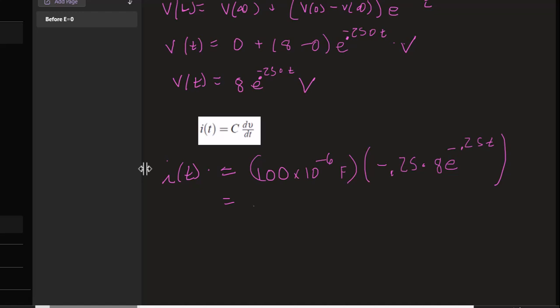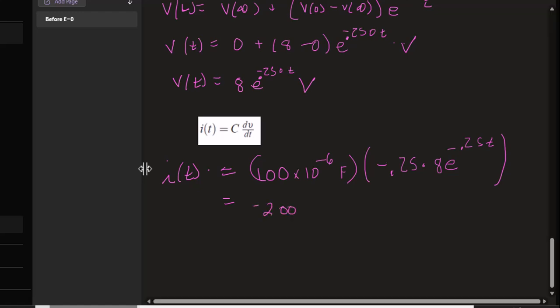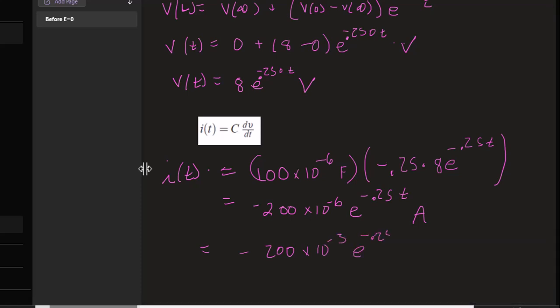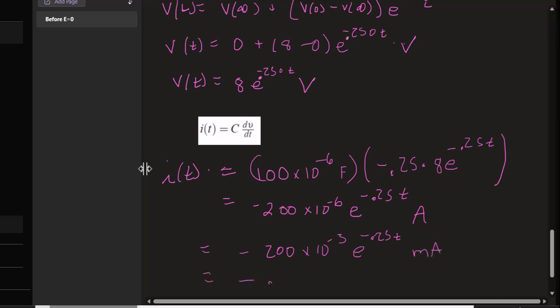So this is negative 200 times 10 to the minus 6 e to the negative 0.25 t amps, or negative 200 times 10 to the minus 3 e to the minus 0.25 t milliamps, or negative 0.2 e to the negative 0.25 t milliamps.